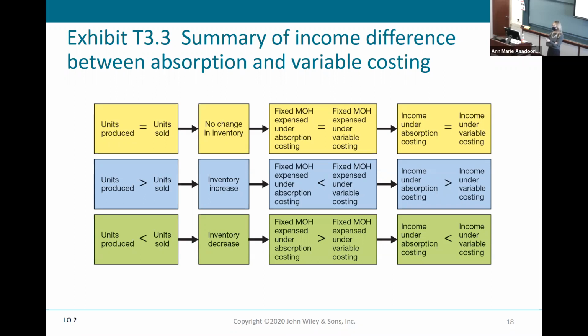So I showed you the other day, when you are producing more than what you're selling, you have some of that fixed factory overhead that is getting tied to inventory. And if it's not sold, then it has to stay on the balance sheet. So in this situation, you are deferring some of your fixed factory overhead.